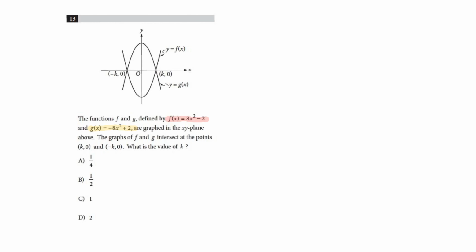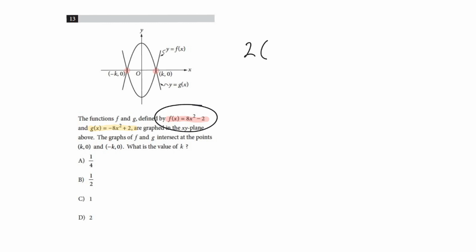Okay, and so these intersections right here and right here, where the equations are going to be equal. So one way to do it is just to find the x-intercepts of one of these functions. I'm going to pick f to find the x-intercepts.